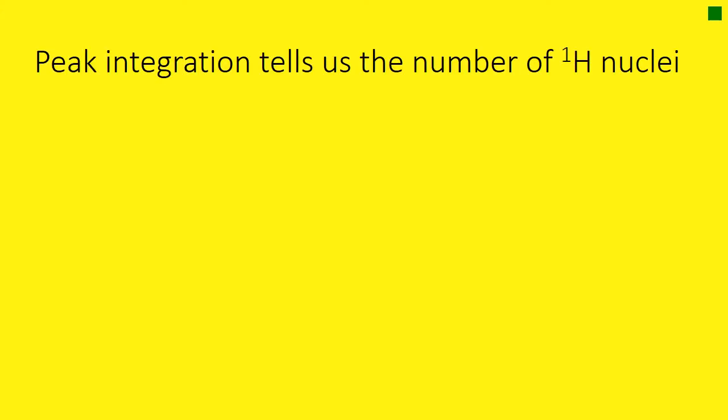And so the peak integration, right? So the integration is, as in maths, the area under the curve. And that tells us the number of hydrogen nuclei in that particular group.